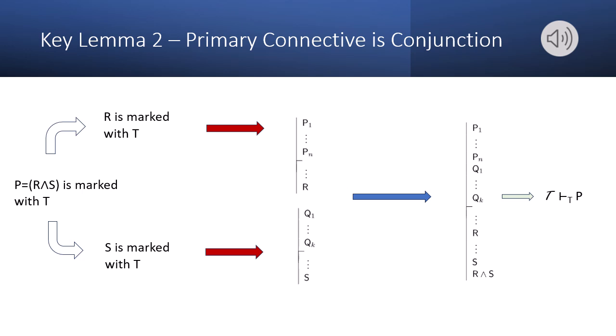Now, on the final step, we can apply conjunction introduction and cite the two sentences R and S. And the conjunction of R and S is our sentence P. And what we see here is that we've produced a proof of the sentence P. And so if we follow that green arrow over, we can write that in the turnstile notation as script T turnstile P. In other words, there's a proof of P from those assumptions in script T. Now, we also have to go in the reverse direction as well.